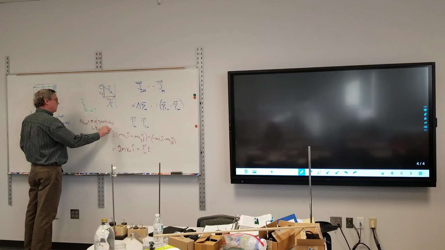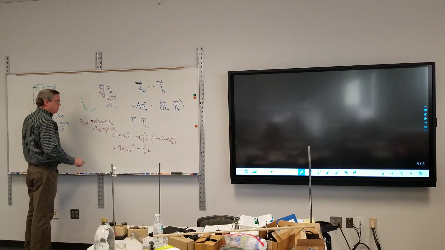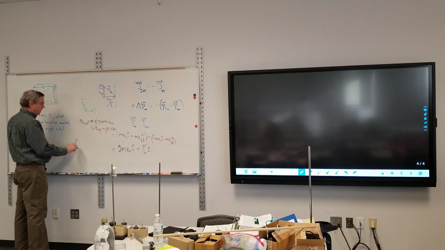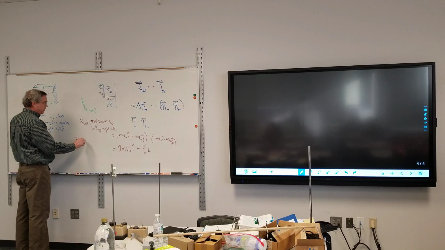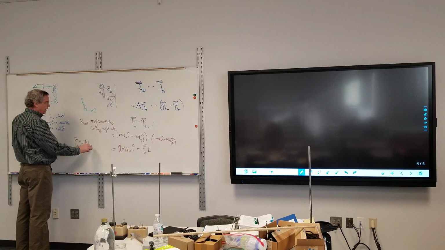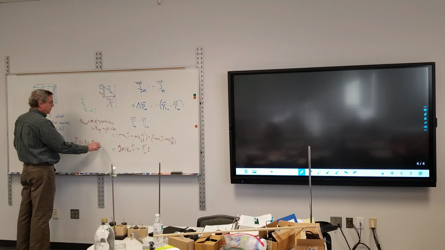Hitting the right side. So really the average force that I care about times time is equal to the number of particles that collide times 2mvix.